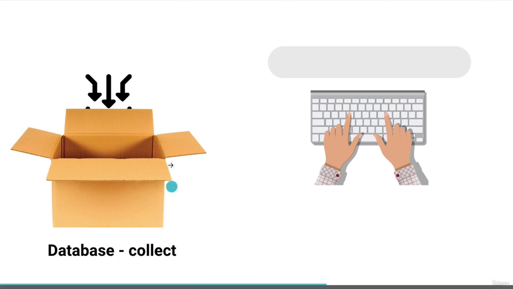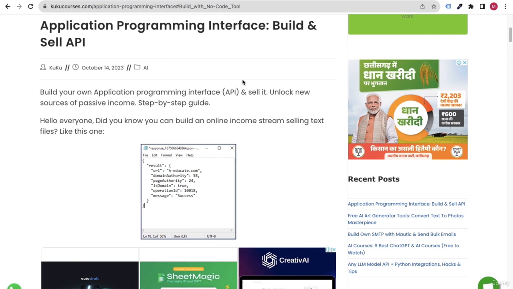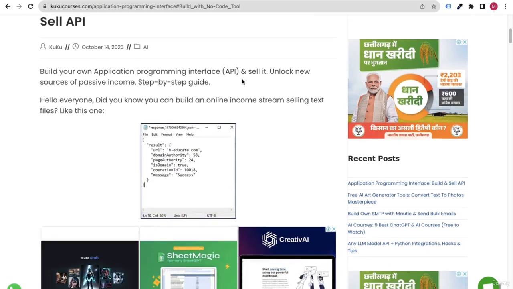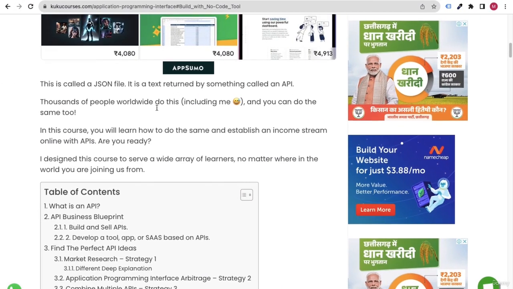Here we will collect the data, and whenever any person puts in the input, from this collected data the user who typed the input will get the result, right? So that is what we will create with a very simple and basic example, so that I can make you understand the basics of how these no code AI tools work.